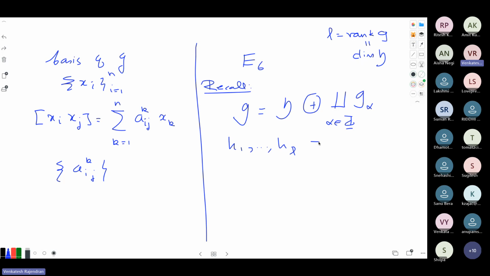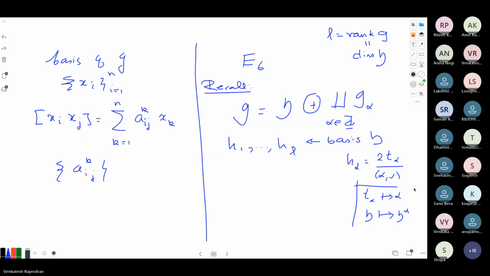Then you have this basis of H. If you remember, the H_alpha is defined using this: identify H with H star, then alpha will correspond to something called T_alpha, and then you normalize. So H_alpha is defined to be 2 T_alpha divided by (alpha, alpha). The T_alpha corresponds to alpha in the identification of H with H star.